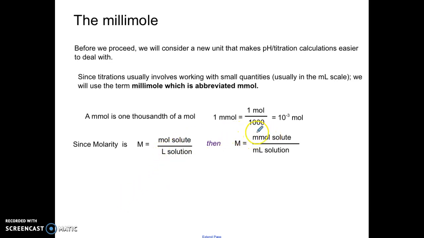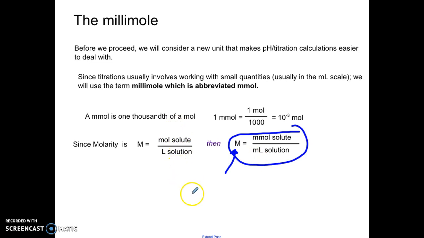When we take a millimole and divide by milliliters, we get the unit of molarity, which is also the same as moles per liter. So a millimole per milliliter would have the same molarity value as moles per liter.